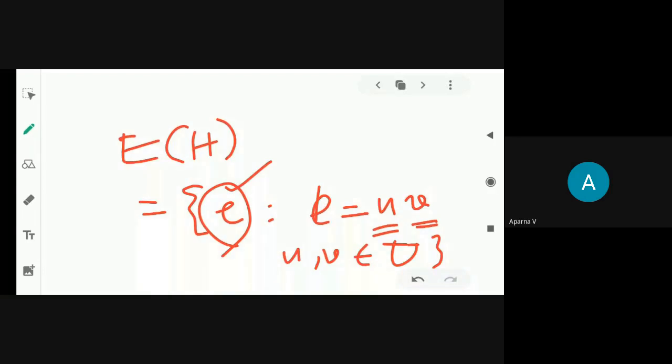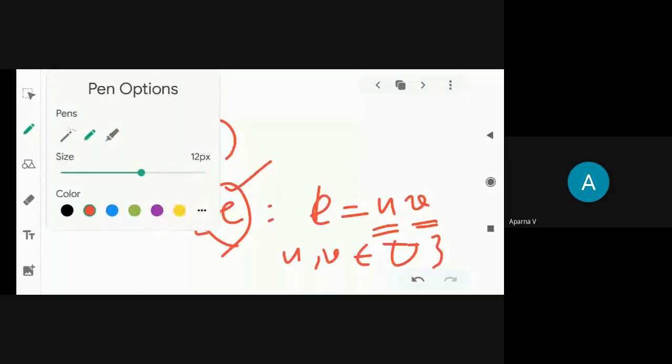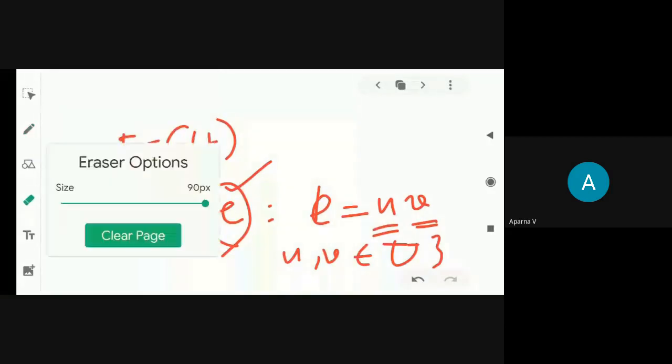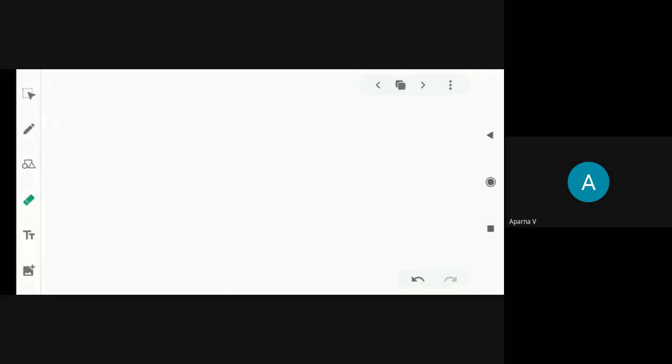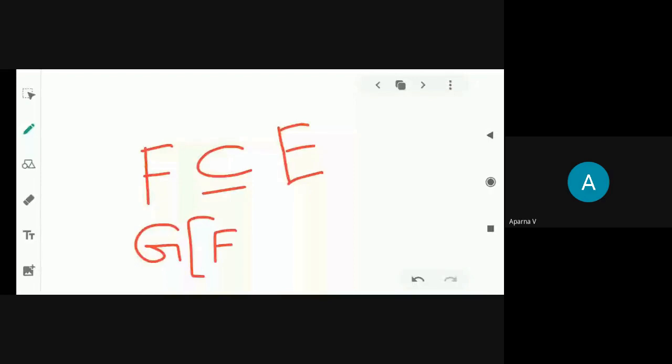Similarly, there is something called an edge-induced subgraph. That means what is to be given first? You have to be given an edge set F, a subset of the edge set E. Then this is the notation we call an edge-induced subgraph. So what is already given?